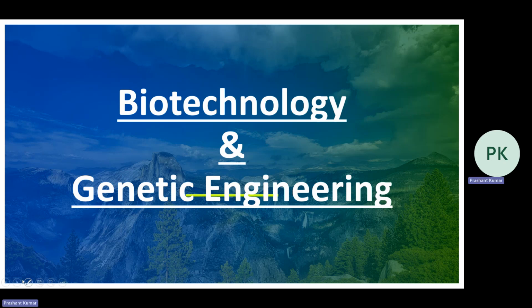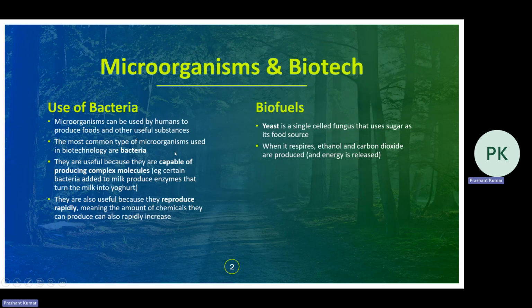So this topic is primarily focusing on how to use biotechnology for human welfare, right? When it comes to the application of biotechnology, there are some microorganisms which always act as a subject for it. We can do all kinds of genetic changes in the microorganisms.